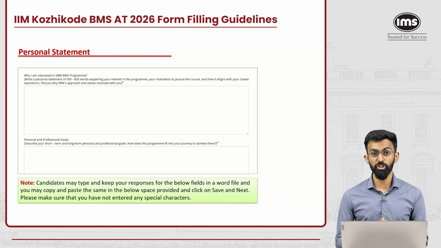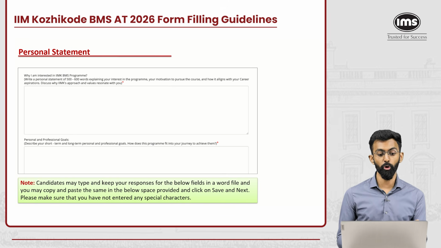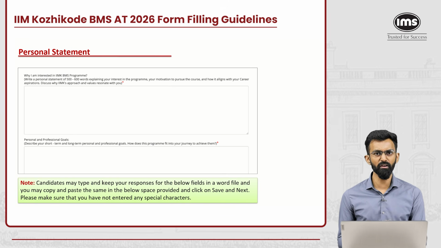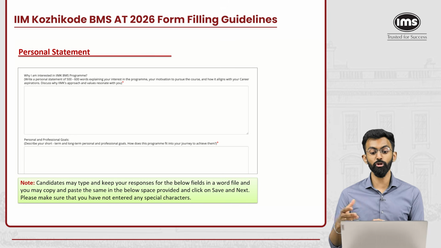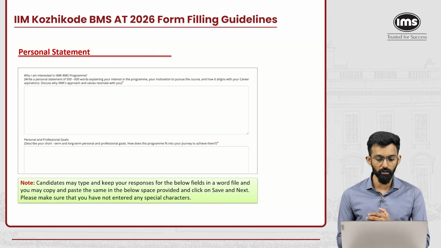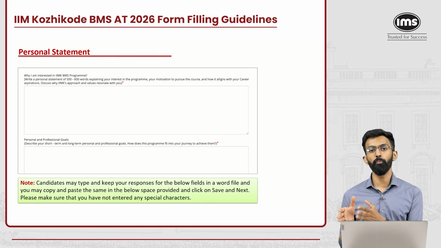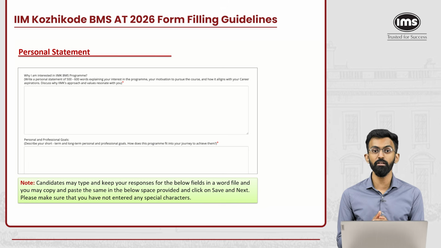The second answer which you need to mention is your personal and professional goals, both short and long term. And here also, you need to mention how the program will fit into your journey to achieve these goals. Remember that your Microsoft Word or your Google Doc file should be saved for the future also, because it will be very helpful if you receive the personal interview call for this particular program.